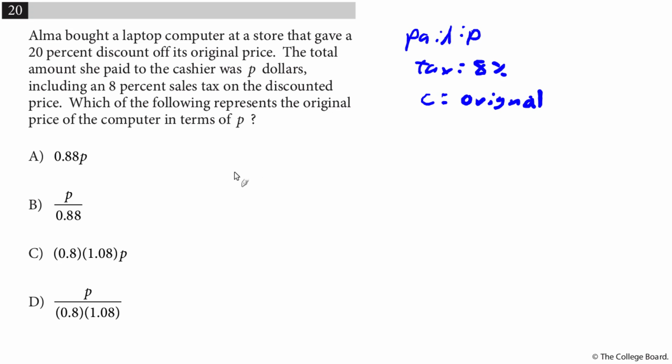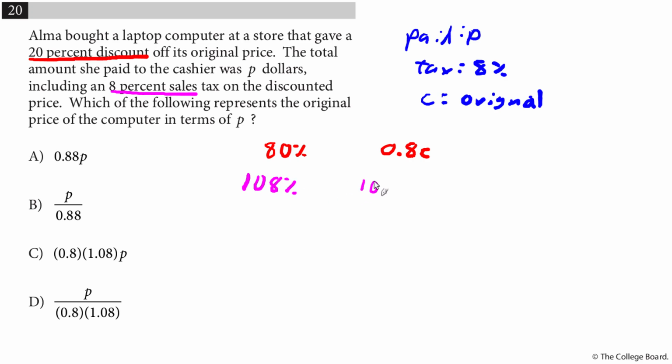So in here, I can go through and say, okay, if I have a 20% discount, that means I'm only paying for 80% of the laptop. So I'll have 0.8 times the original cost. But after I do that, I add on an 8% sales tax. And adding on 8% means that I have 108% times the original.